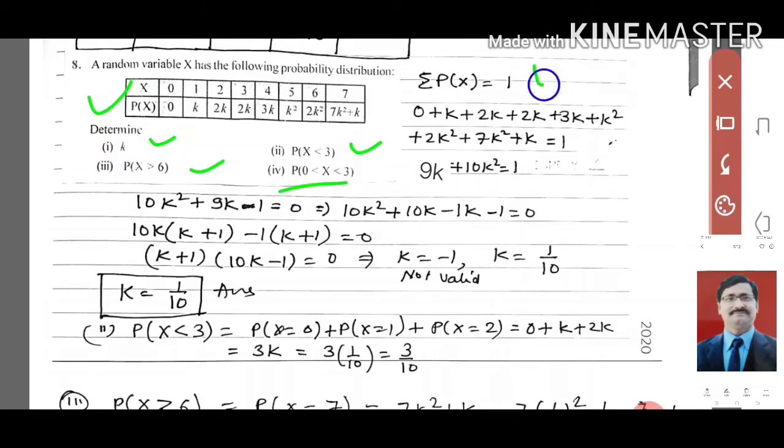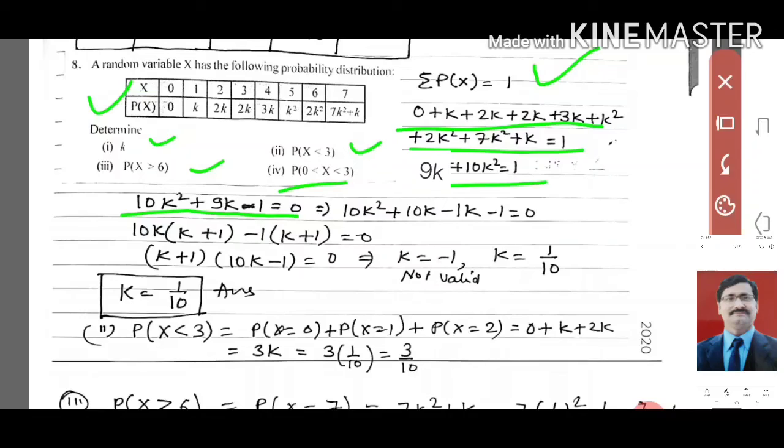First of all we know that the summation of P(X) is equal to 1. So you add all these probabilities, you should get 1: 9K plus 10K square equal to 1. You transfer 1 and write in proper order, so you get 10K square plus 9K minus 1 equal to 0. Middle term splitting: multiply and get 10, and subtract to get 9, means 10 and 1. So you have 10K square plus 10K minus K minus 1 equal to 0.